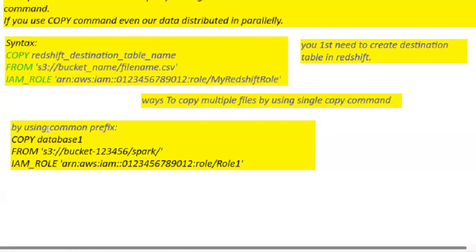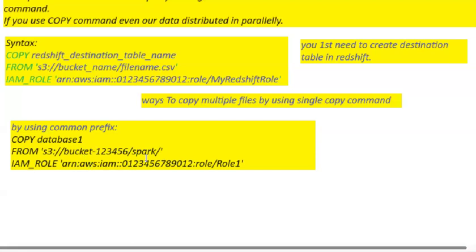So is there any method? Yes, there is an option for us, and that is the manifest file. By using a manifest file, we can copy only specific files, whatever we require. Here you can see we can copy all the files from a particular bucket and particular folder only.